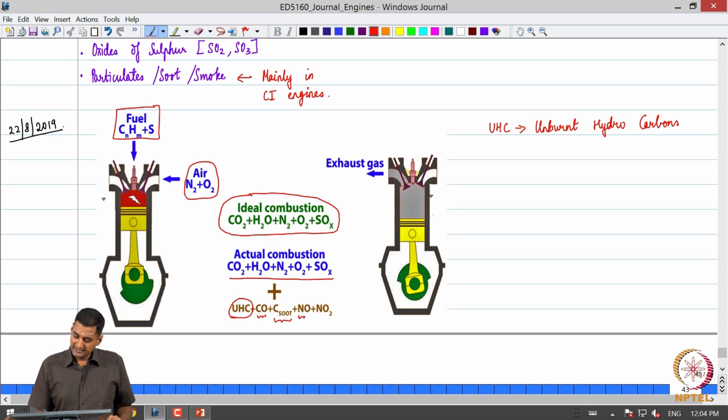We may get NO and NO2, which are typically combined and represented as NOx.